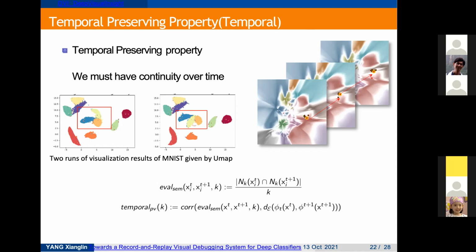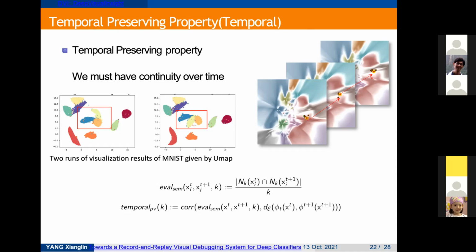The intuition here is that if a sample has the same or similar semantics between 2 epochs, then its low dimensional position should be the same or at least close. So how do we evaluate the semantics of a sample?